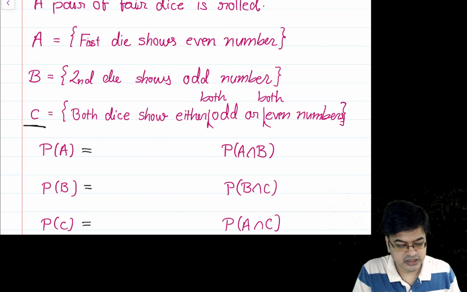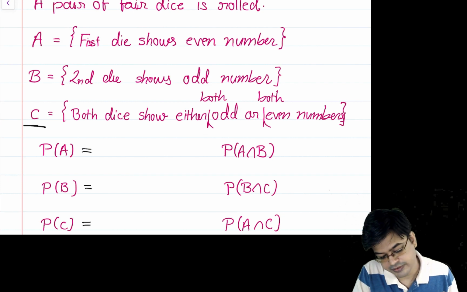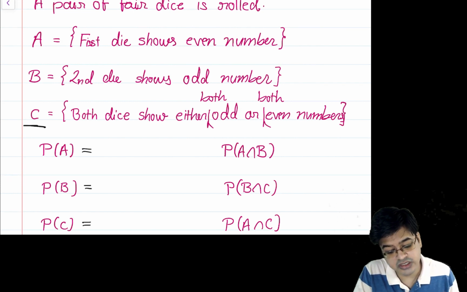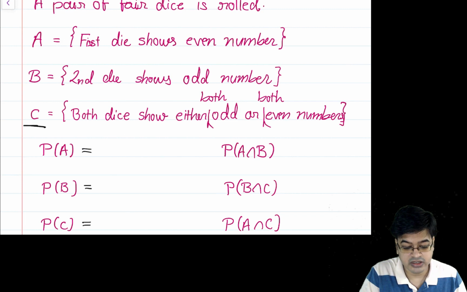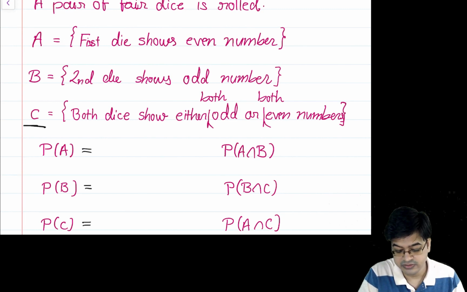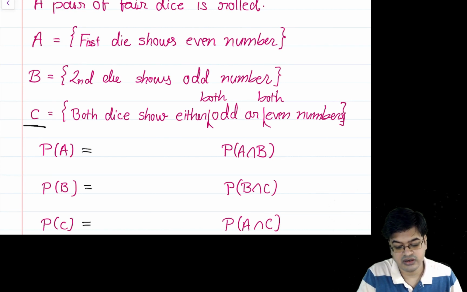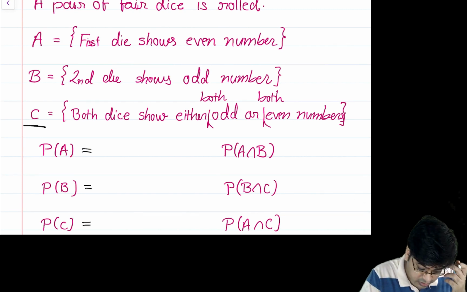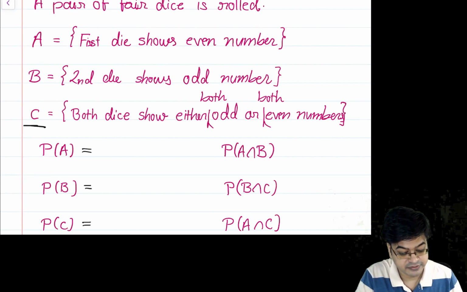Let us first understand what is the probability of A, what is the probability of B, and what is the probability of C. The first die shows an even number because the pair of dice that are rolled, basically one trial does not influence the other trial because they are separate dice. So what is the probability that the first die shows an even number?